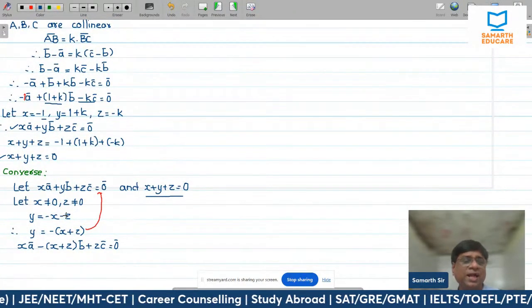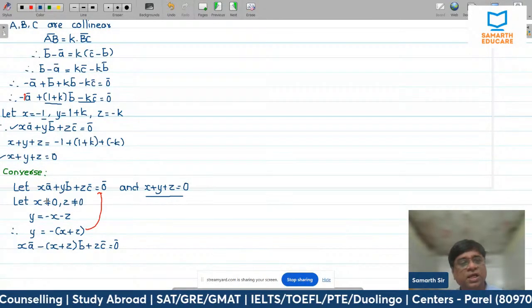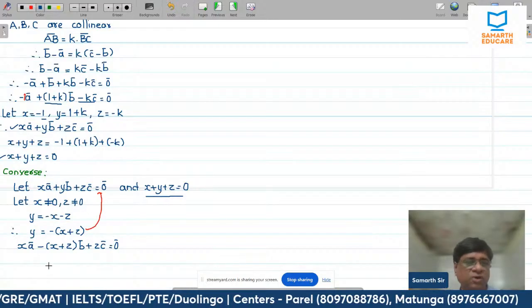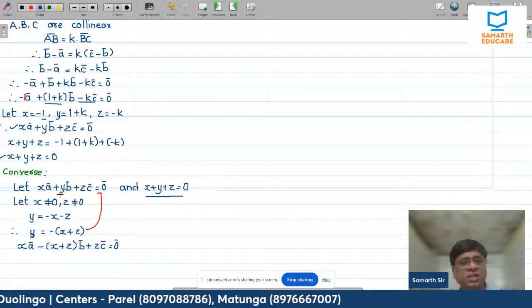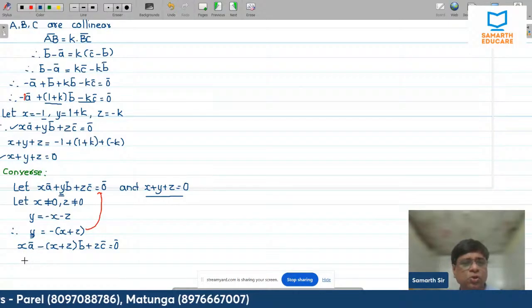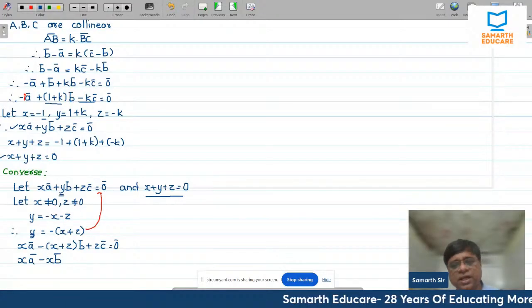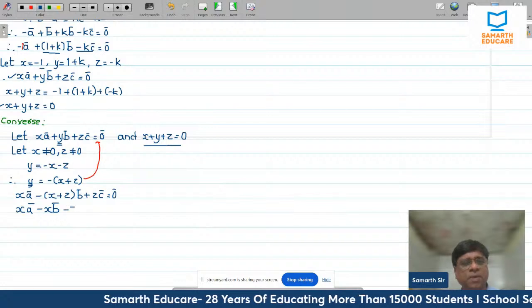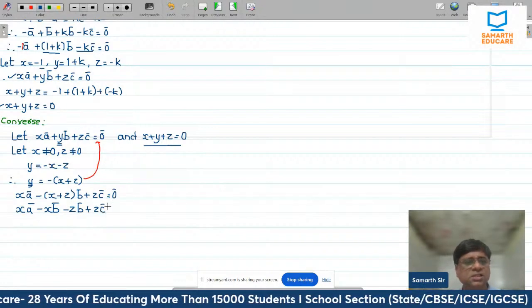Okay, for that, x, y, z are non-zero, so I just assume that x is not equal to 0, z is not equal to 0, and you can even say y is not equal to 0. So instead of y, I am replacing this part. Okay, so x a bar minus x b bar, if I multiply the bracket, then minus z b bar plus z c bar.